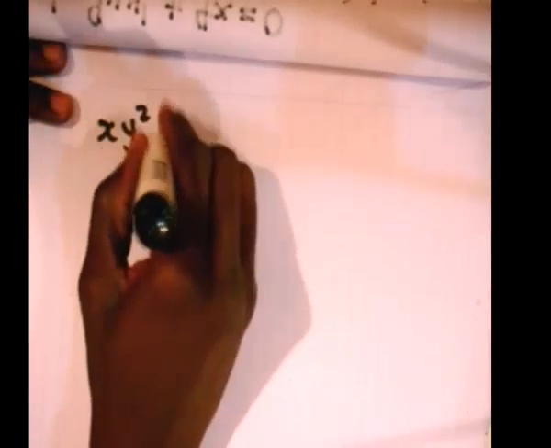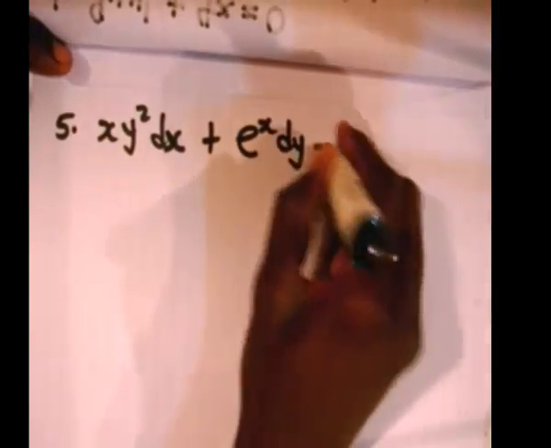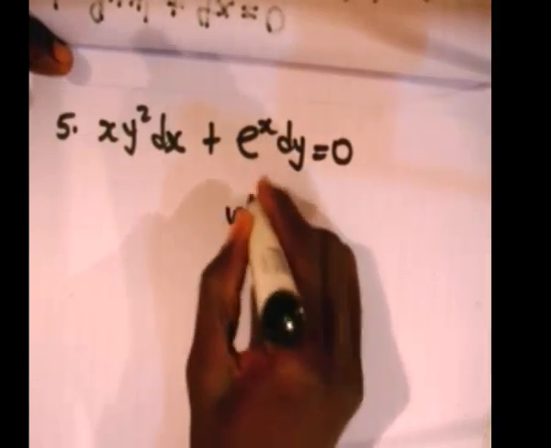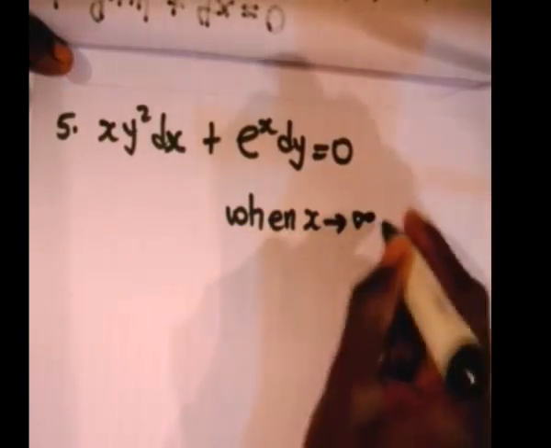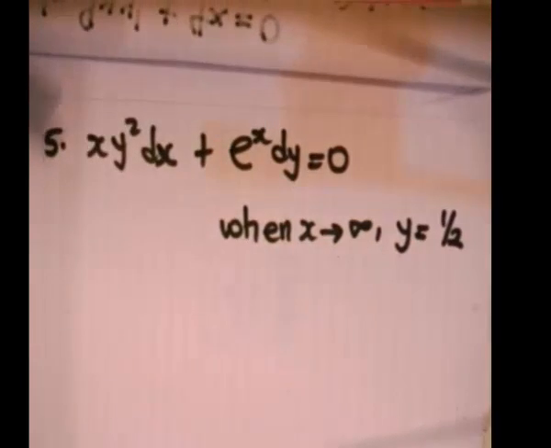And the fifth question: xy squared dx plus exponential x dy equals 0. When x approaches infinity, y equals half.